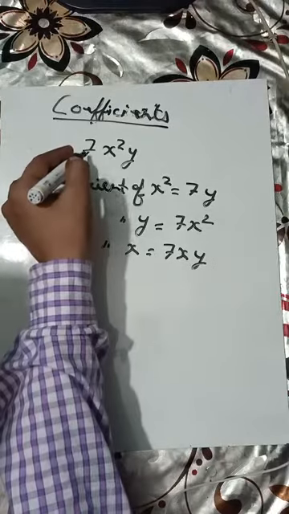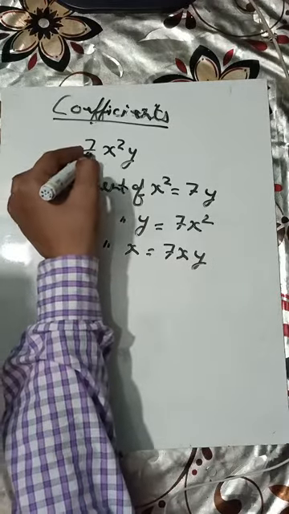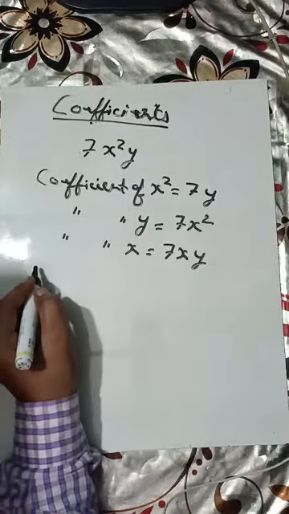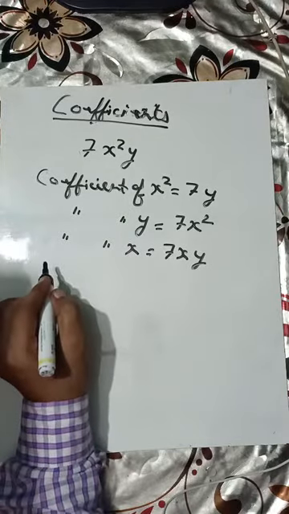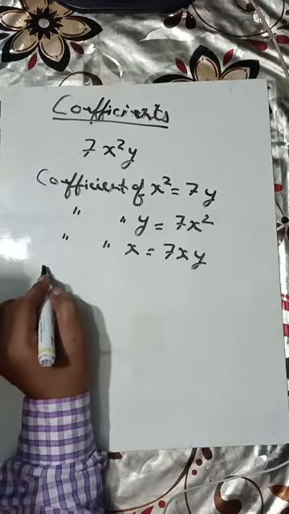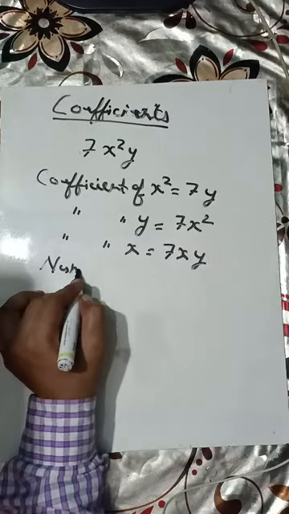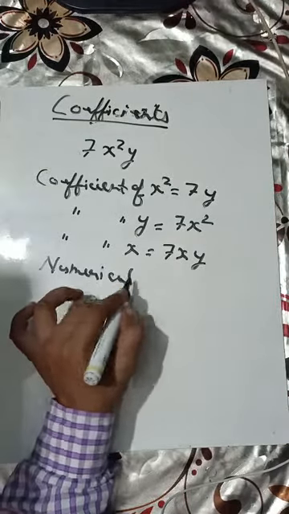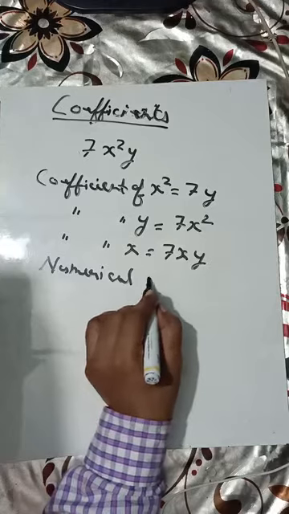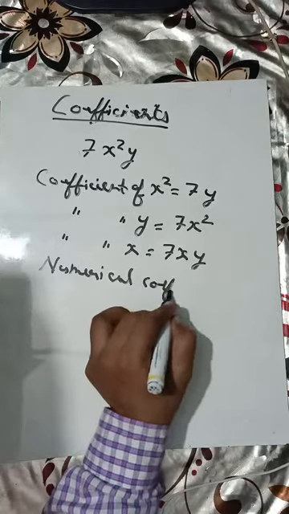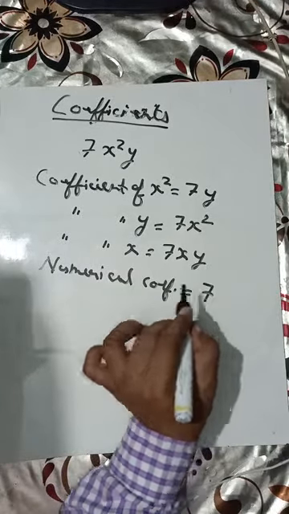And this 7 is actually called the numerical coefficient, or simply coefficient. So the numerical coefficient is 7.